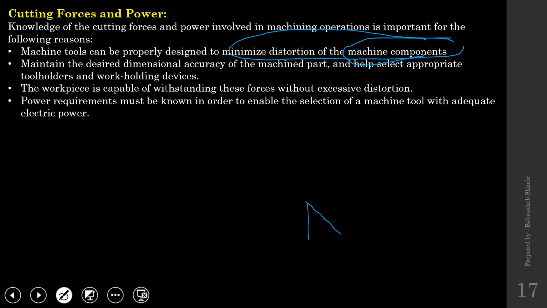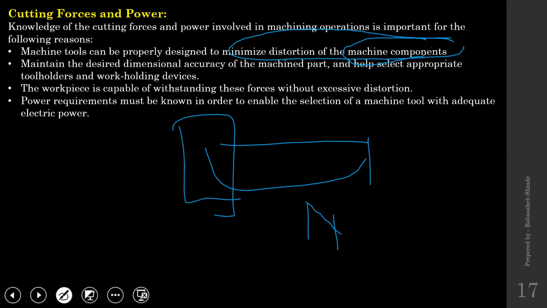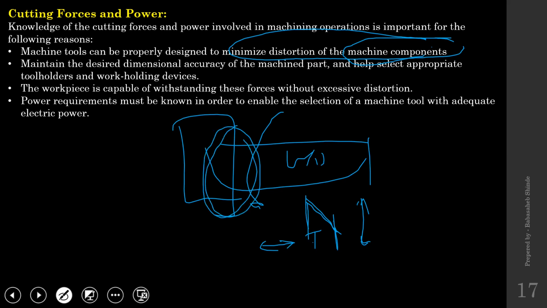So there is a cutting tool, there is a workpiece mounted in the chuck, it is being rotated, and the cutting tool is provided with these two motions, cutting motion and feed motion. Now, when the workpiece and cutting tool are going to have relative motion against each other, there are forces that are going to be exerted on the parts that support the workpiece and cutting tool.